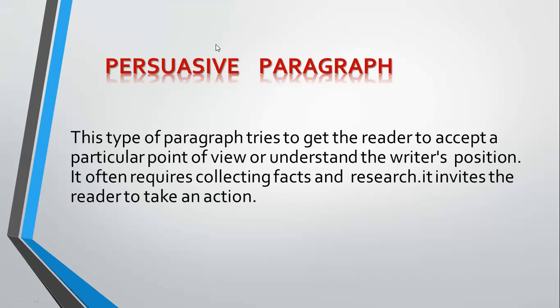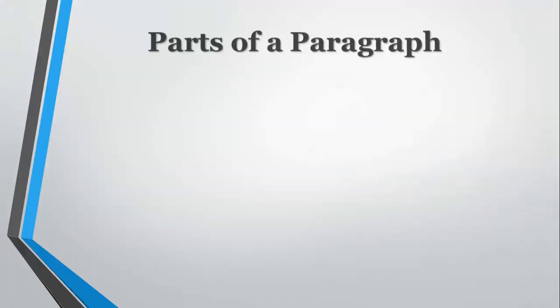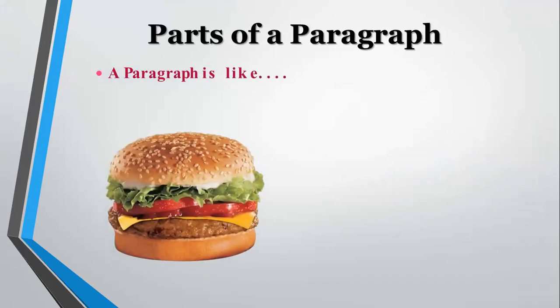Now we go to the next part. We finished the persuasive paragraph, the parts of your paragraph. Your paragraph must look like this. I am a juicy, tasty sandwich. Yeah, you have to like your paragraph, guys.